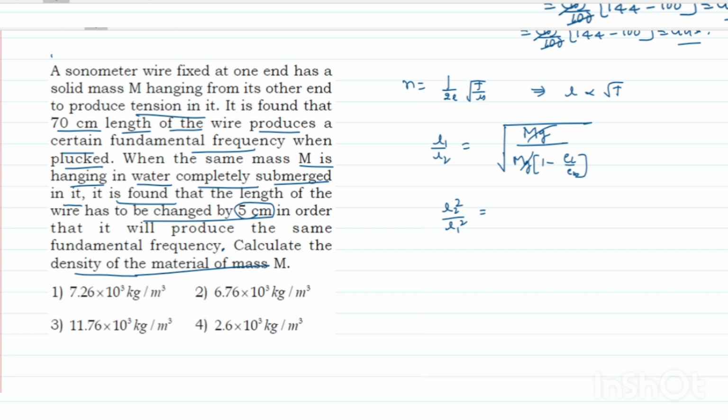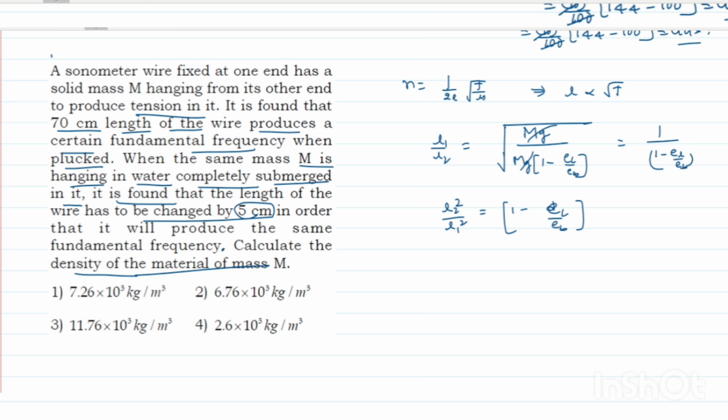When you are reversing, we will be getting 1 minus the density of the liquid by the density of the body. You can rewrite this one, students: 1 minus density of the liquid by density of the body.